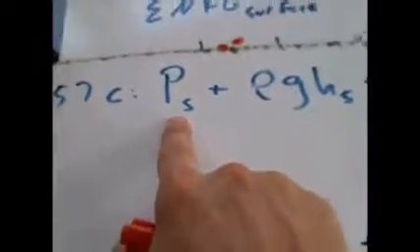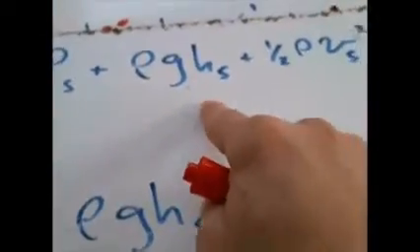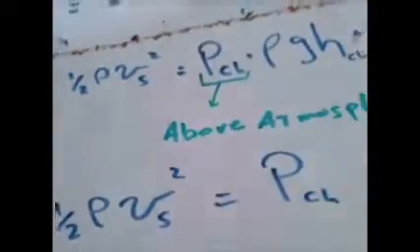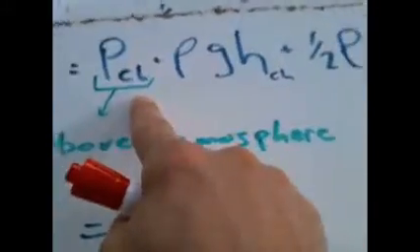So again, Bernoulli: pressure at the surface plus rho GH at the surface plus 1/2 rho V squared at the surface, and then we set that equal to the pressure, the rho GH and the 1/2 rho V squared somewhere else. The subscript CH is what I used to abbreviate down in the chamber.